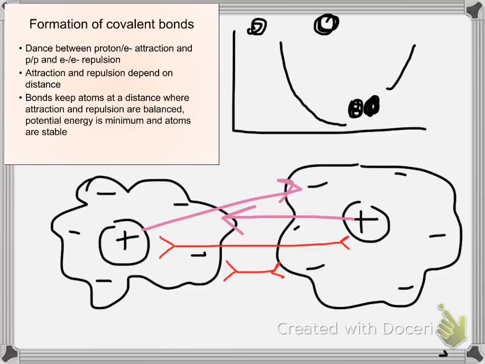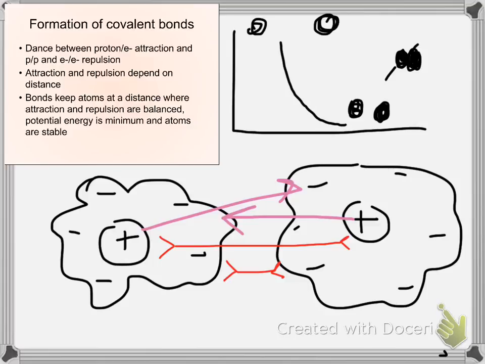If they're too close, if they were smooshed right up against one another, their energy would actually be higher, because that repulsive force would be starting to kick them back out. It's kind of like a rubber band effect, where they want to be close but not too close.